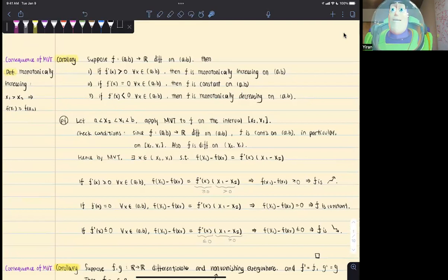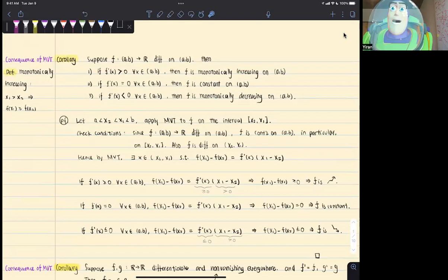If you look at the statement, it involves, first of all, the function f evaluated at two points a and b. And the second is the derivative: there exists one single point x on the interval (a, b), and we evaluate the derivative at that point.